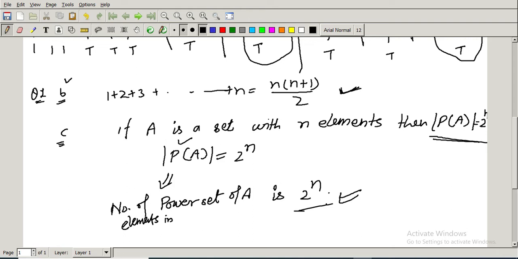As we know, first of all we must know the definition of the power set. So what is the power set?